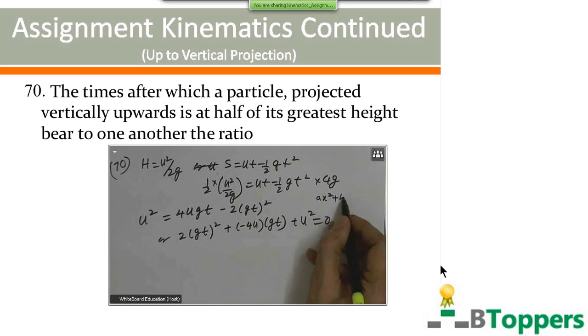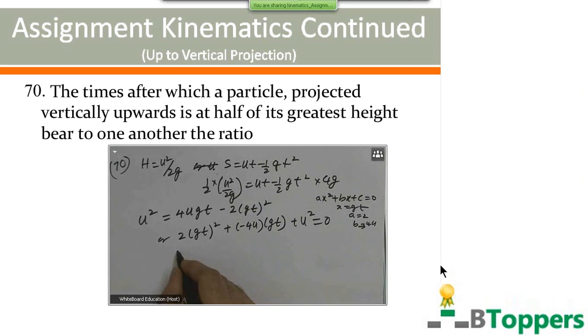The solution of the quadratic equation ax² plus bx plus c equal to 0 is given by x equal to minus b plus or minus root of b² minus 4ac, by 2a. So in place of x you have gt, in place of constant a you have 2, and instead of constant b you have minus 4u.